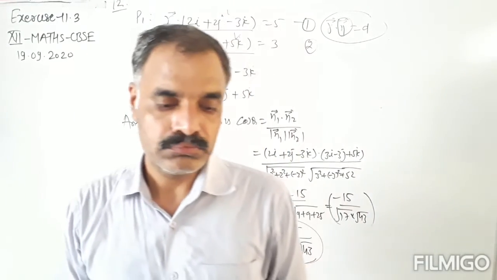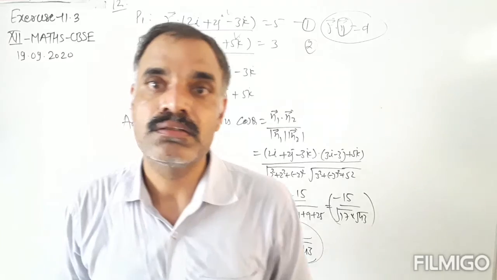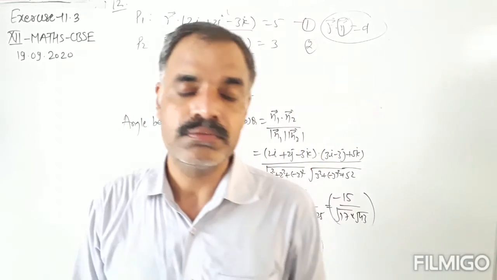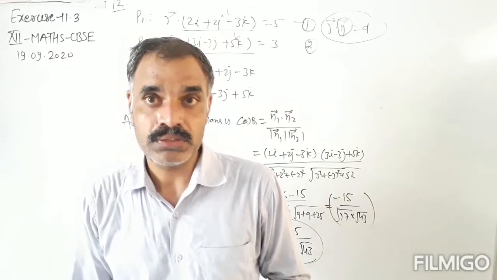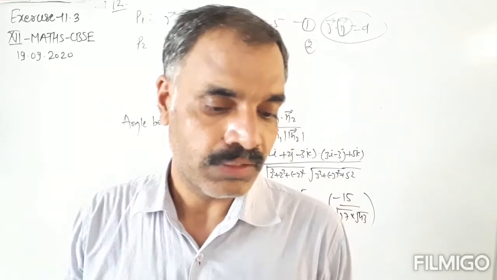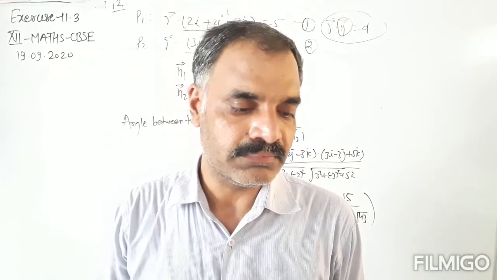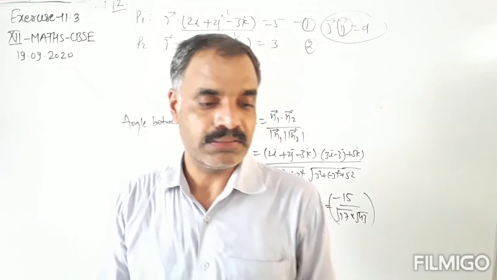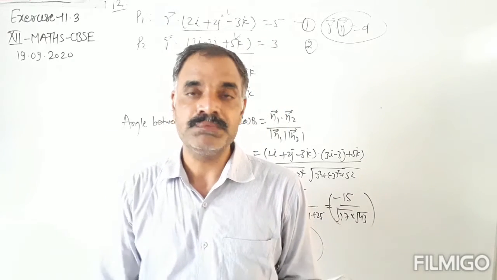Now the next question, question number 13. Question 13 is given in Cartesian form. We have to find the angle between two planes whenever the planes are given in Cartesian form: first plane, second plane.